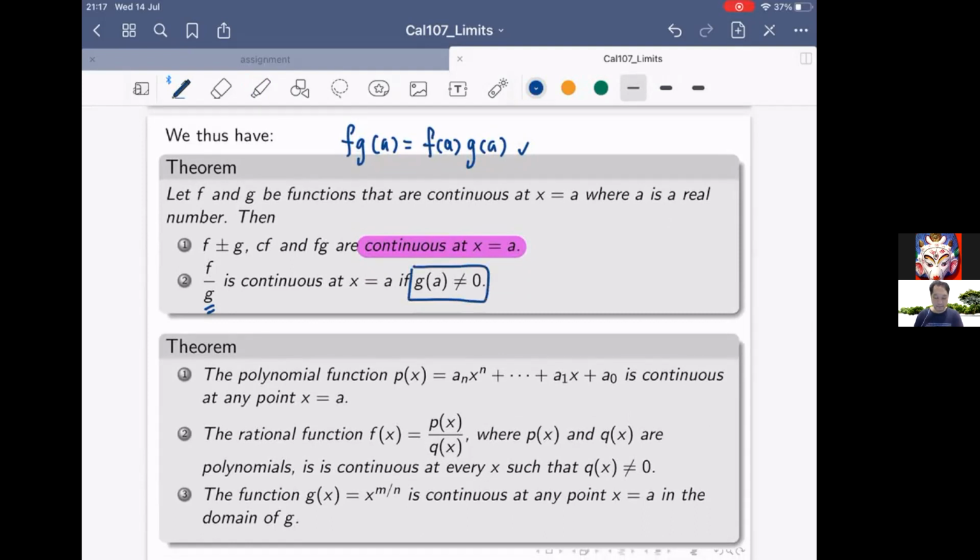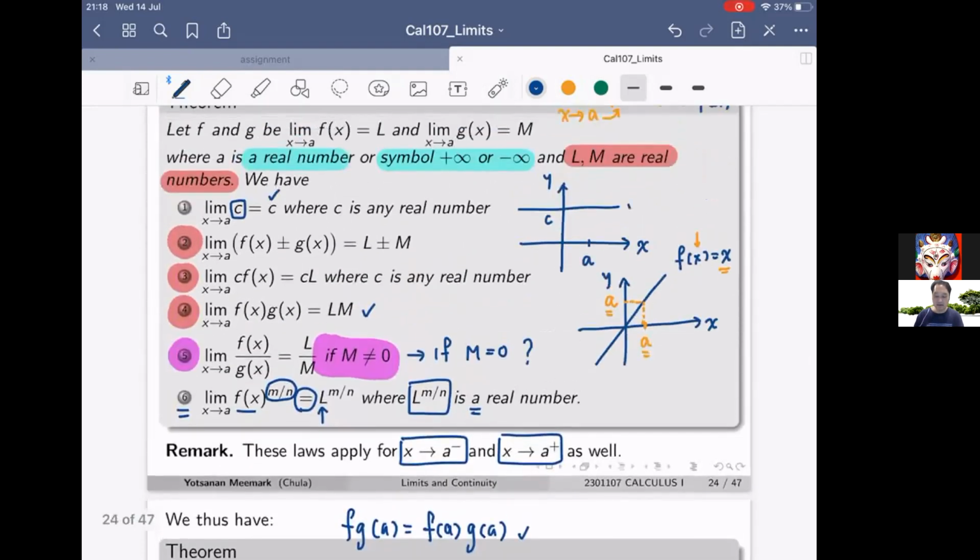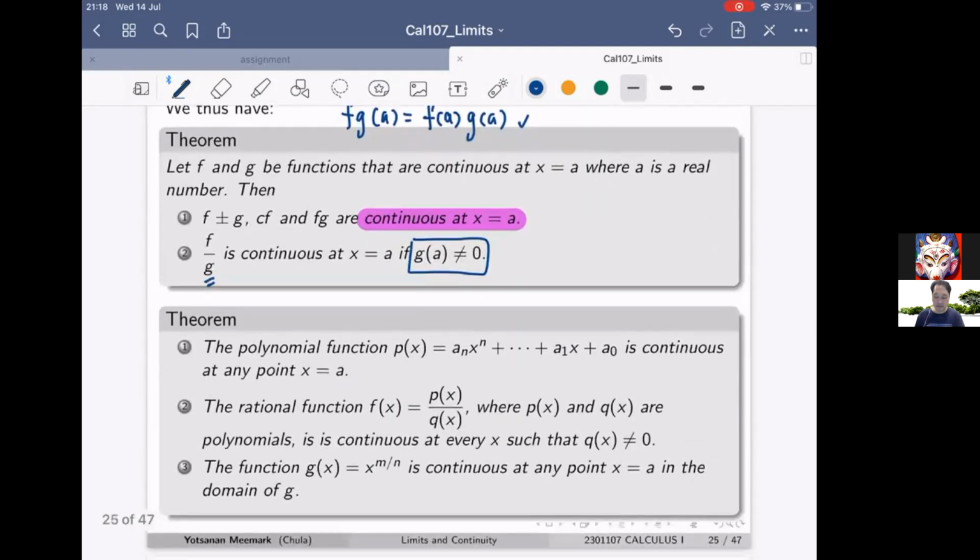Okay. The theorem also says that if we talk about a polynomial function, a constant or the function f(x) equals x is actually one of the examples of a polynomial function. A polynomial function, the whole thing, can be a_n x to the power n plus a_(n-1) x to the power n-1, etc., to a_1 x and then a_0.